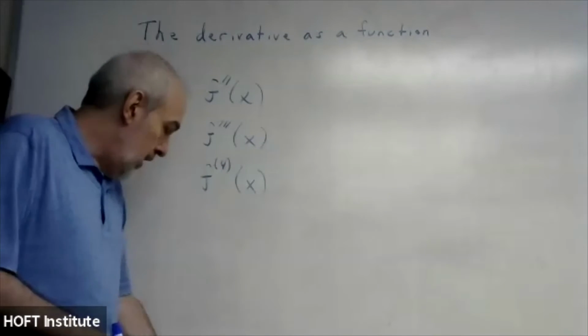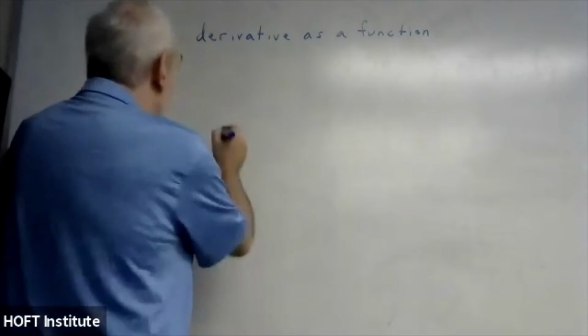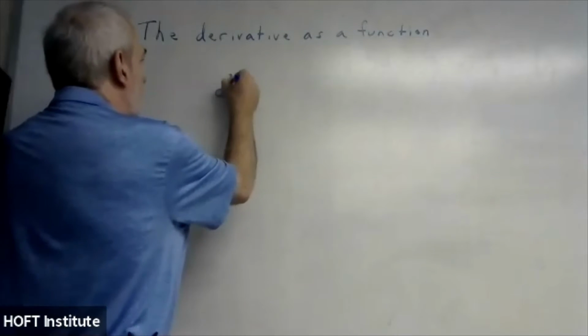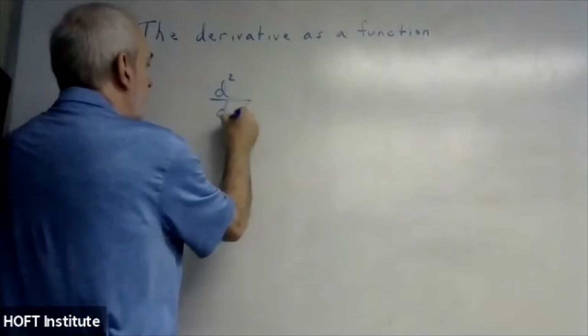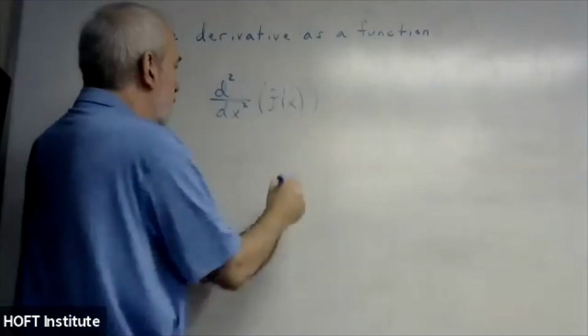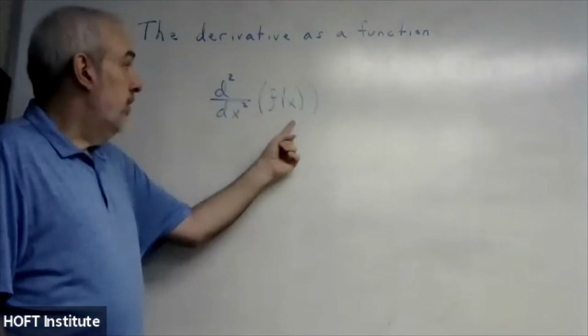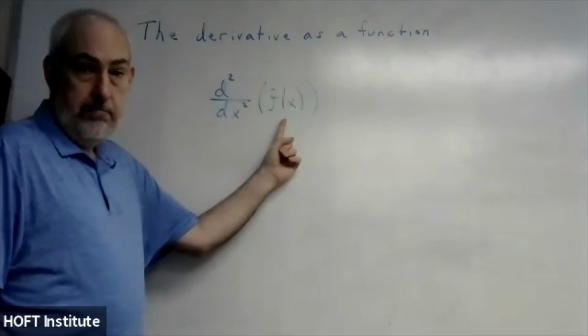Okay? If you were using Leibniz notation, the second derivative of a function is written like this: d squared over dx squared of f of x.